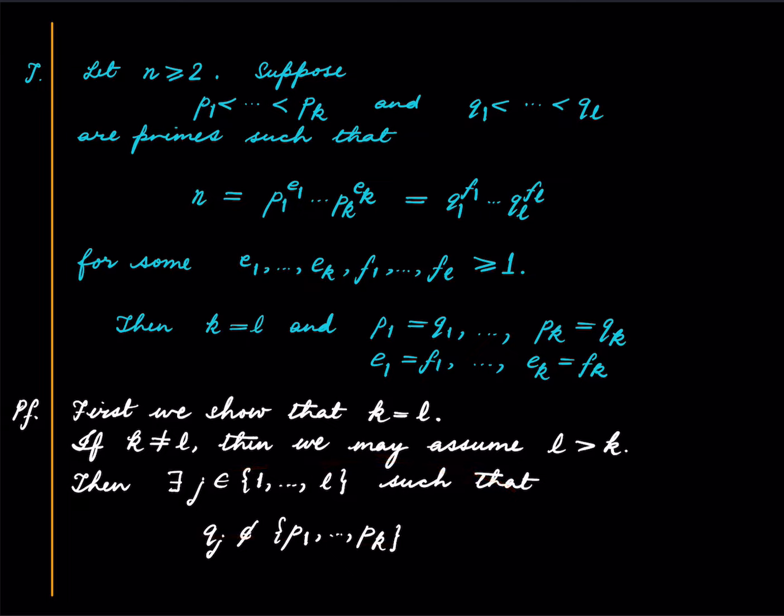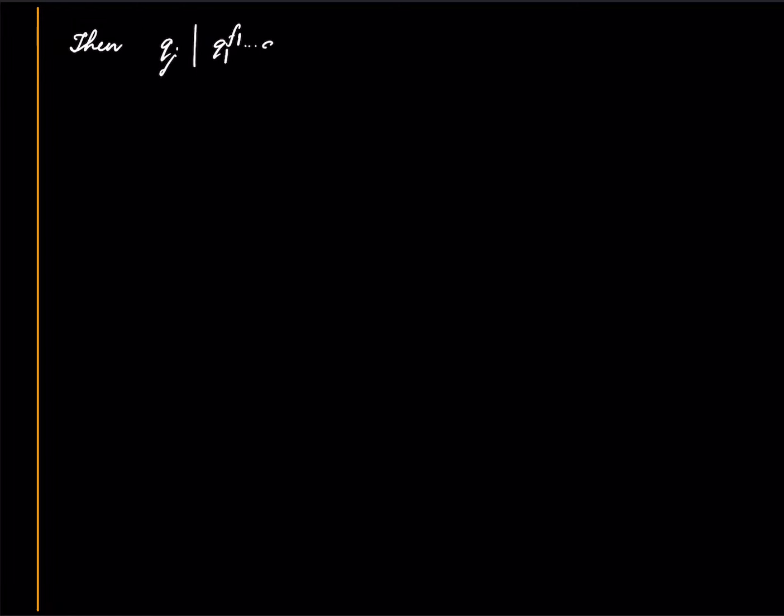All right. So then Qj divides this Q1 to the power F1 up to Ql to the power Fl. Why? Because Qj of course appears here, so Qj divides that, of course.